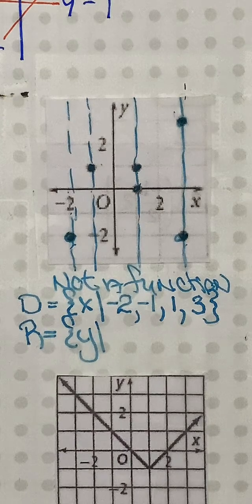So I'm seeing a -1, 1, and 3. -2, 0, 1, and 3. Okay, Michael's saying from -2 to 3.